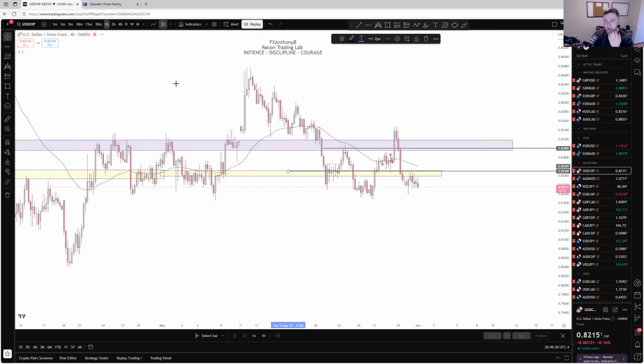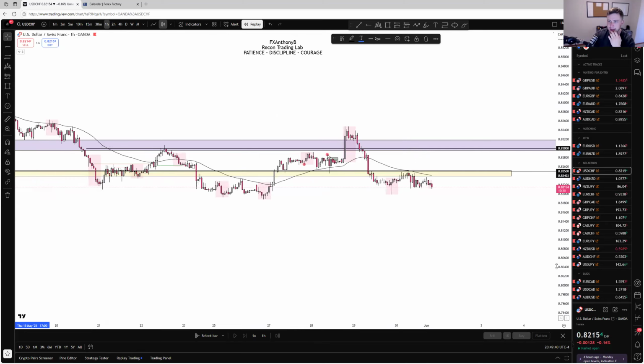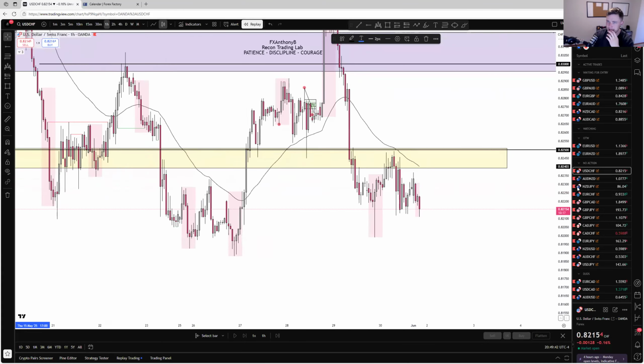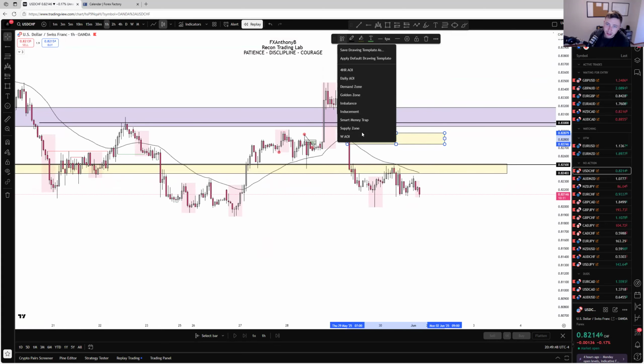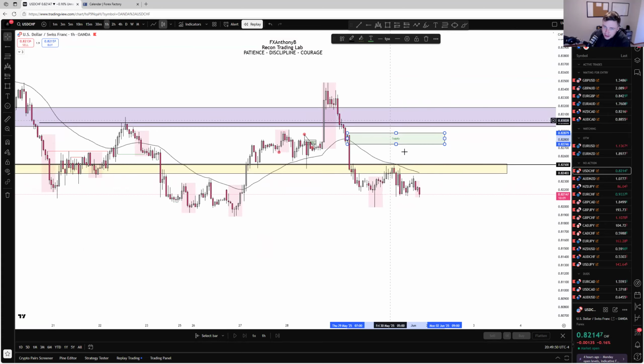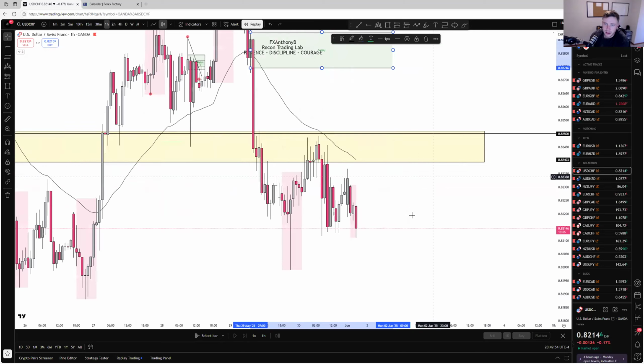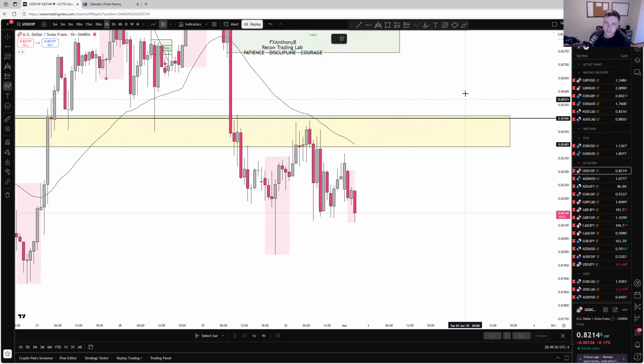So now we're going to jump down to our 1-hour, see if we can find a supply zone that has not been retested. So we do have this supply here. There is no inducement on it, so that's not a pretty supply. This is an inducement creating a supply with the BOS there, but this supply zone has been mitigated already.